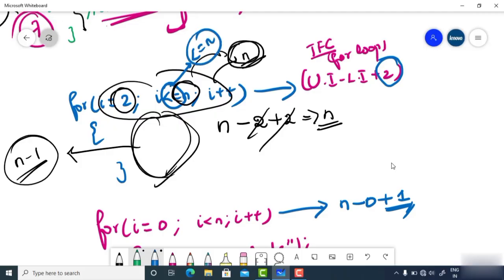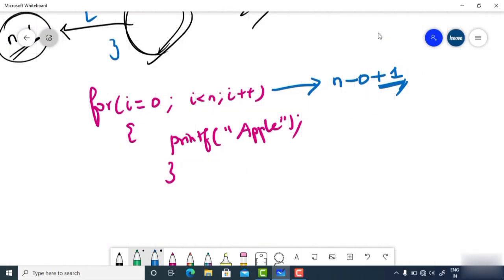Whenever there is less than or equal to n, you will be having 2. Whenever there is less than n, you can go with 1. So the formula here is upper index minus lower index plus 1. Okay, super. So n minus 0 plus 1. So it will go n plus 1 times.